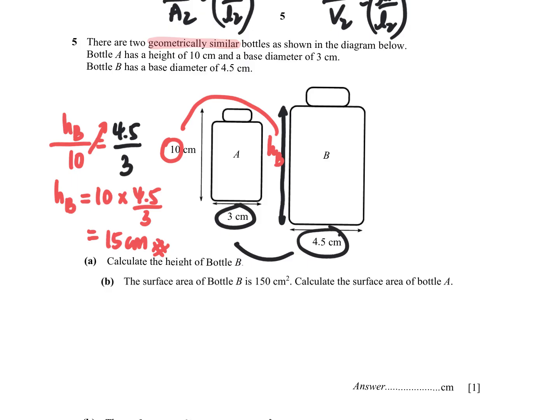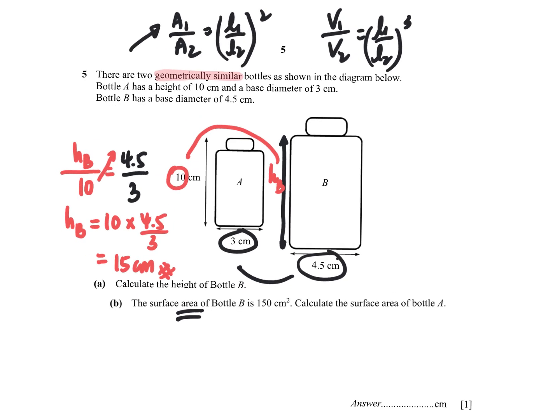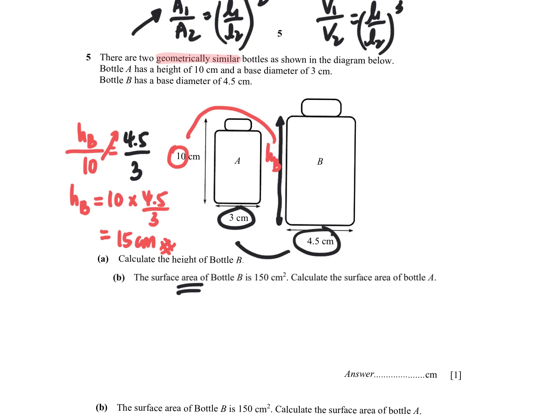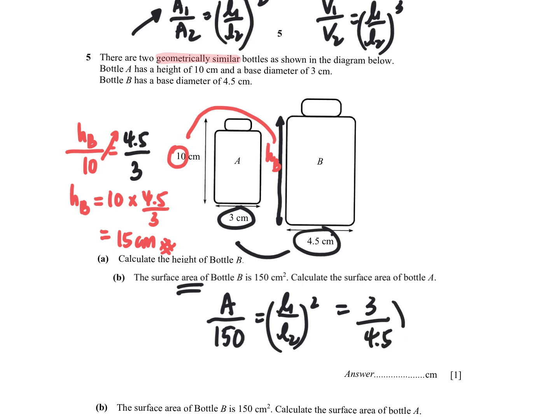Okay, part B, I talk about surface area. So whatever area they are talking about, then we go to this ratio. So we start from surface area for A. Then with B, it is L1, L2 squared. So pick one ratio that you have. For A, it is 3. For B is 4.5.